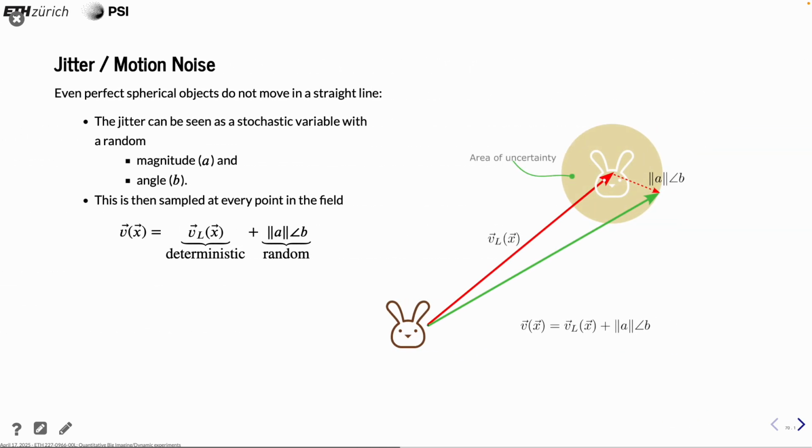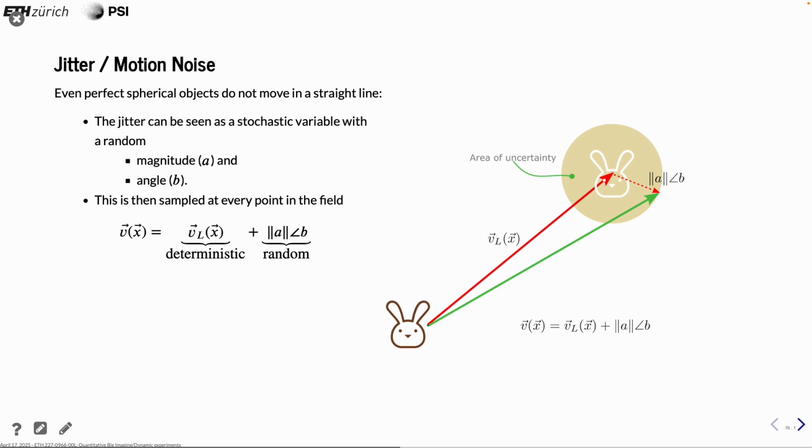What you also have is the problem of jitter or noise. And as it is Easter now, I introduced my little Easter bunny. Anyway, you have a predicted or estimated, expected direction, which is deterministic from your track. But on top of it, you also have some jitter, some uncertainty with some amplitude and some direction.